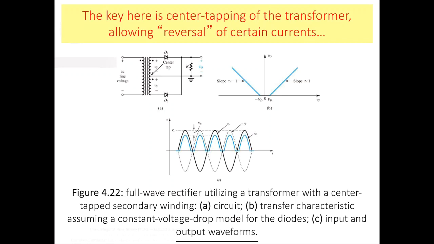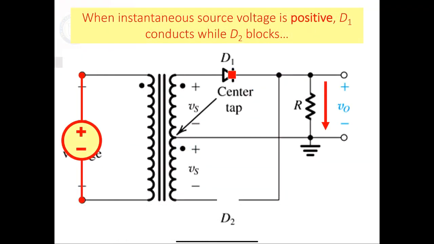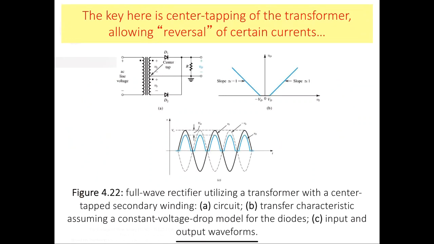Okay, actually I think I can, yes, I'll start here. So if you look briefly at the center tapped design, the circuit is composed of 3 or 4 main components. So you have your transformer, you have 2 diodes, and then obviously you have your load.